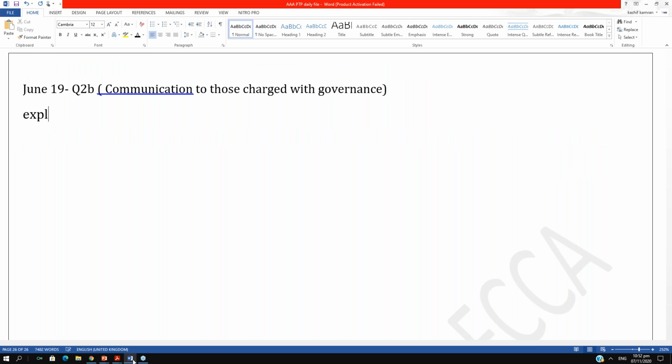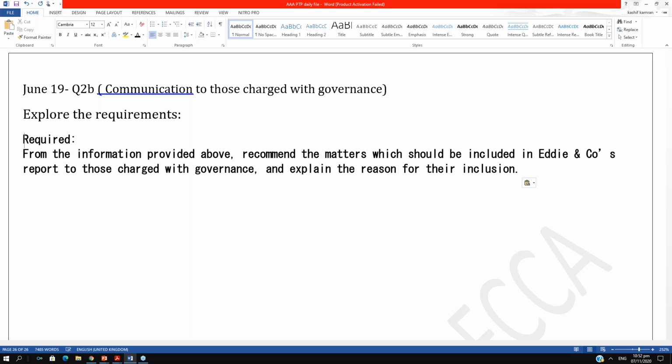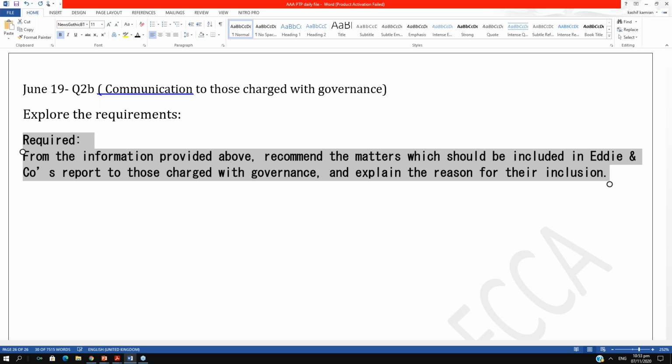Let's explore the requirements. Let's see what the requirement is asking us.